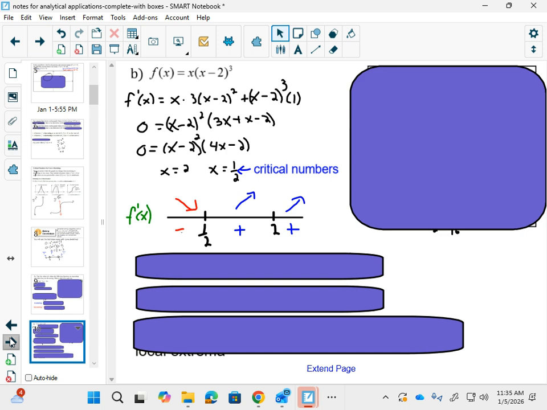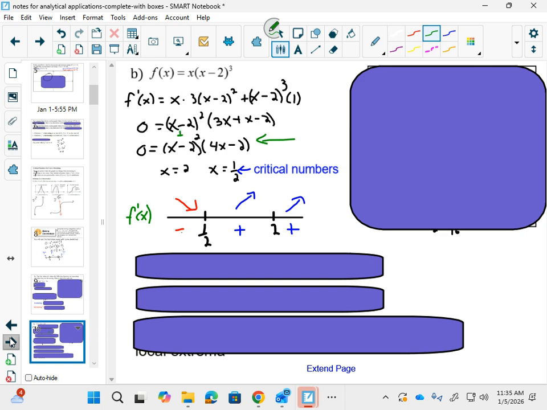And I like to use my factored version as the easiest way to figure out where things are positive and negative. Okay? So here's my factored one. I'll put an arrow here. There's my factored part right there. If you plug in 0, can you see that this will be a negative number squared?